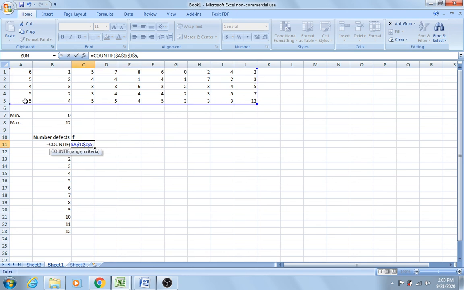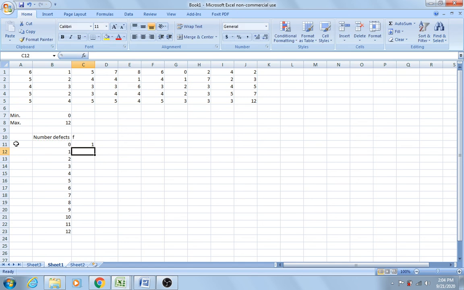And what is the criteria? We need to know how many 0 that we have, so just pick the cell that gives you the 0 value. Okay, and then enter. So we have 1 zero, and then copy everything down.